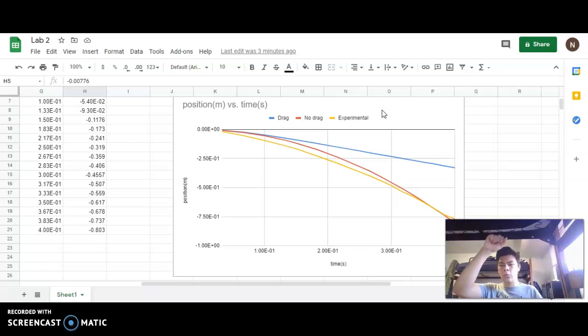So when I drop something, it is going to accelerate to a certain point, and then it'll have a net force of zero, as it is not accelerating or decelerating until it hits the ground. So drag and experimental are going to predict that, but no drag will not, because it is in a vacuum pretty much, so only gravity is acting on it.